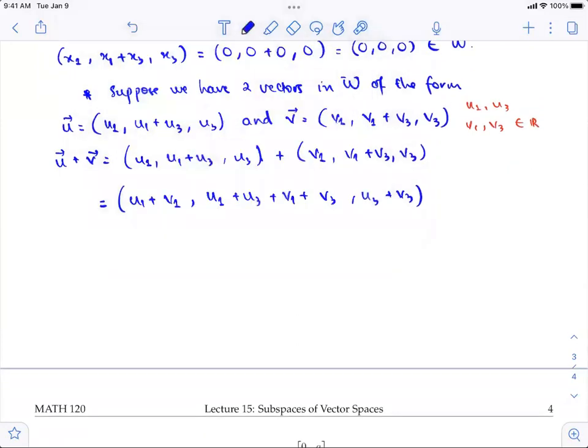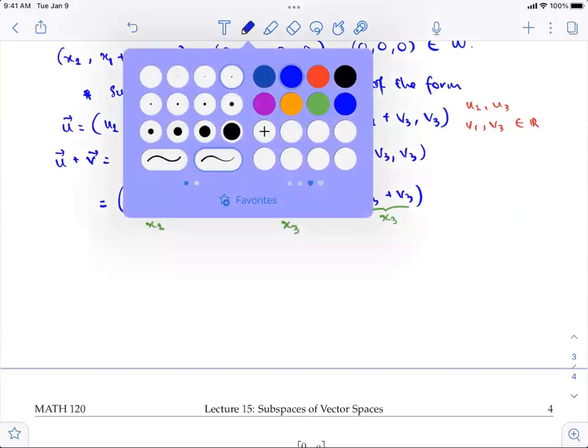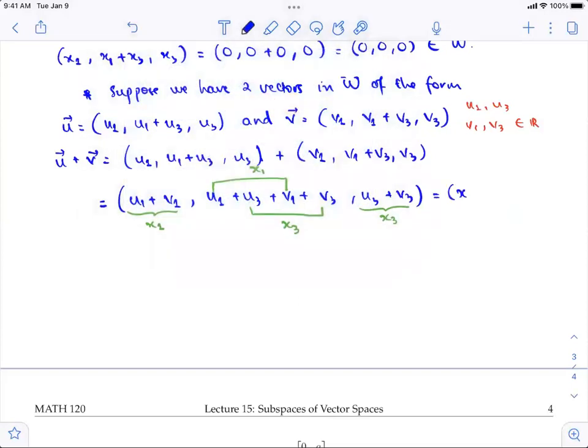Now, if you let u1 + v1 be x1 and u3 + v3 be x3, then you obtain the following form of vector: (x1, x1 + x3, x3).